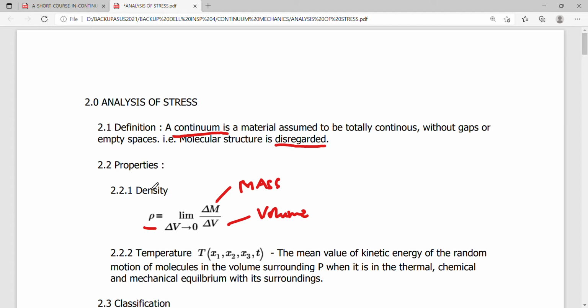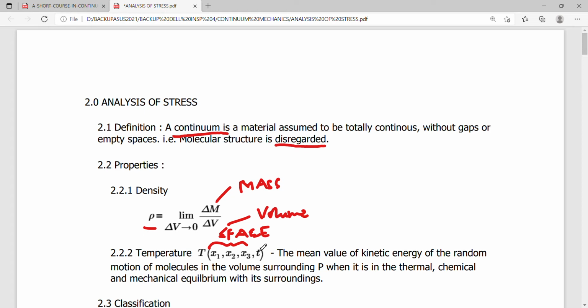So we look into temperature as a function of the variables that define your position in space, x1, x2, and x3, and of course the time t, which is normally a variable of concern for which the temperature may be referred to initially and at any time lapse t.